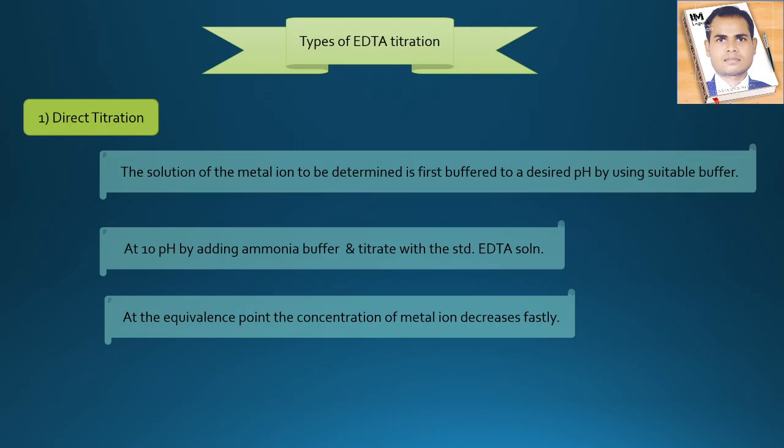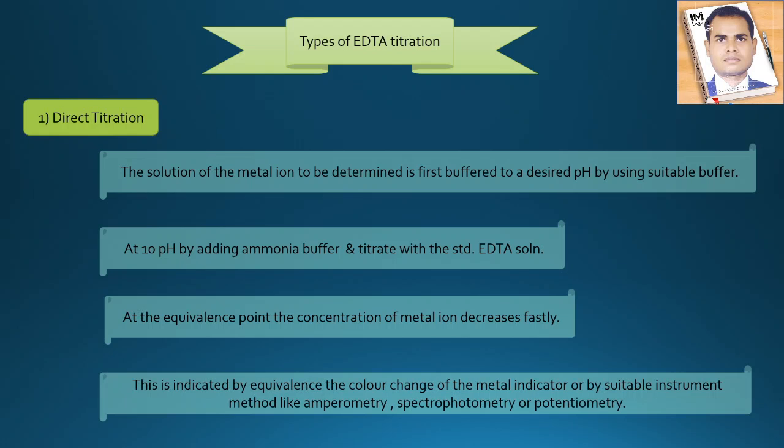At the equivalence point, the concentration of metal ions decreases rapidly. The equivalence point will be the end point of this titration. At that stage, the metal ions decrease rapidly. This is indicated by the color change of the metal indicator, or by a suitable instrumental method like amperometry, spectrophotometry, or potentiometry.